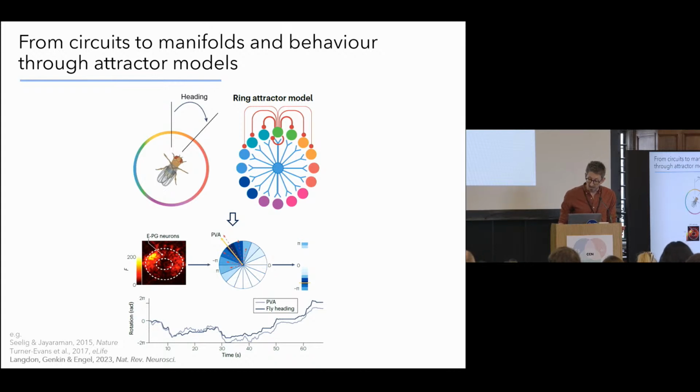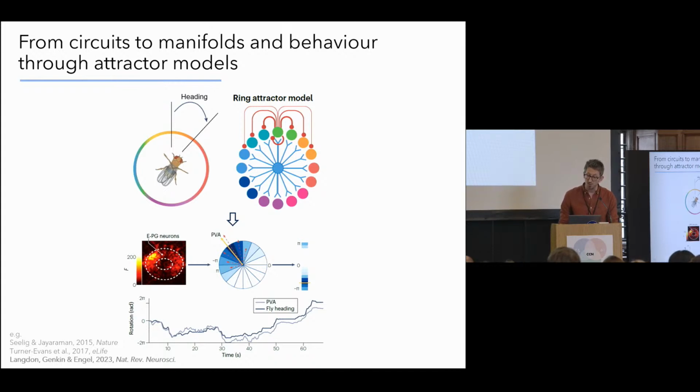This work establishes pretty explicit links between single-cell tuning curves and circuit structure, dynamics on the neural manifold, and ultimately behavior. Specifically, this is work aimed at understanding the head direction system of the fly. It suggests that this system can be understood as a so-called ring attractor, where neurons with tuning curves tile the space over which the task variable, in this case heading direction, varies.